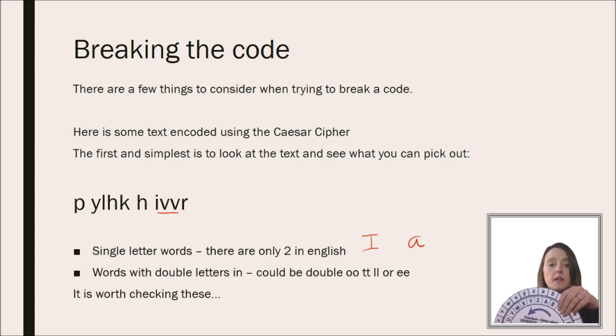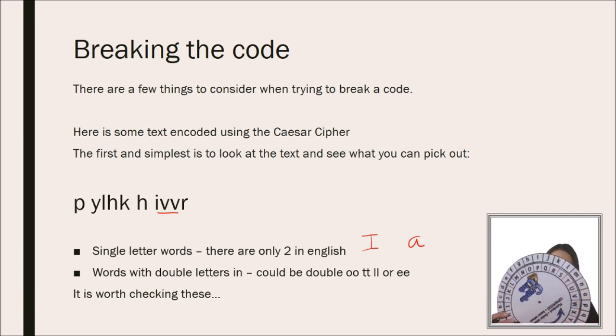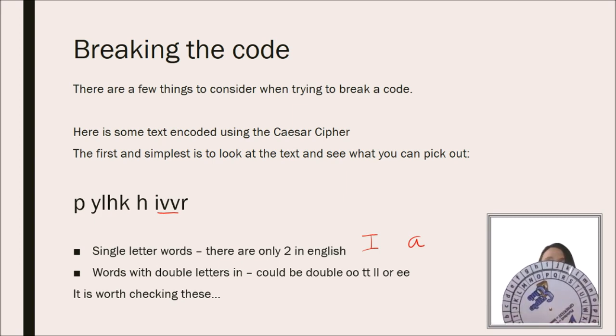If we assume that P is the letter I, okay, so we'll find the letter I on the outside and we'll line that up with P. Okay, so if we look at that now, the other letter, which was H, if we find H, H lines up with the letter A. So that makes perfect sense. So it's I and A.